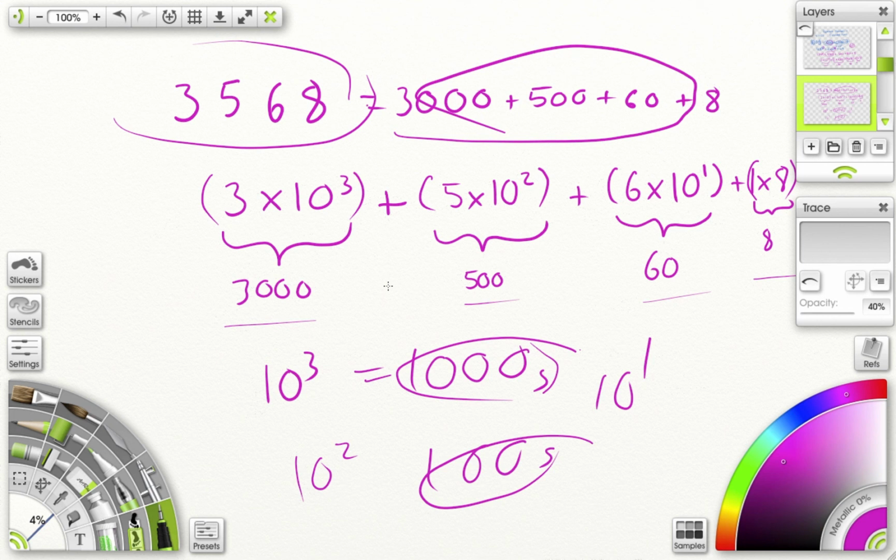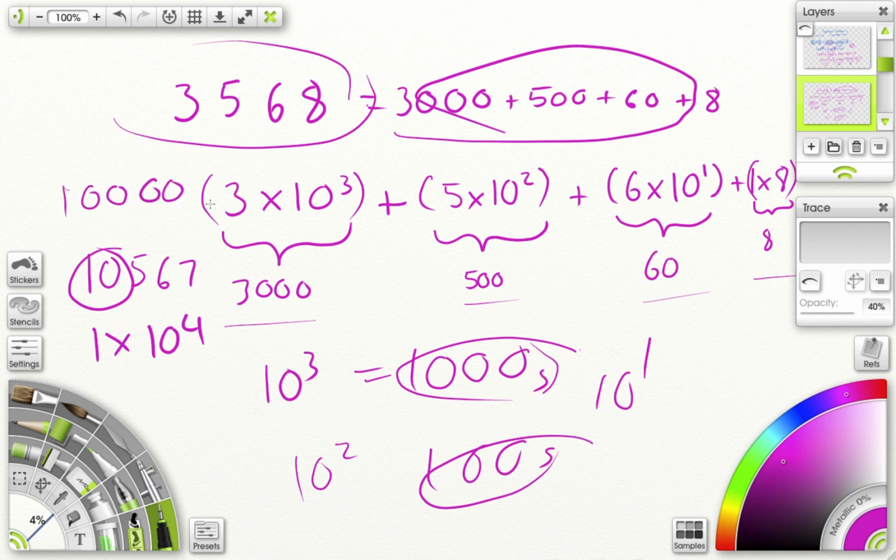All right, so that's all you're going to have to do today: you're going to be given a bunch of different numbers, and you're going to put them into expanded notation. We're probably just going to be doing the thousands today. If you ever have a 10,000, so if you're in the tens of thousands, so let's say 10,567, the 10,000 you represent as 1 times 10 to the power of 4, because that 10,000 is a 1 with 4 zeros behind it.